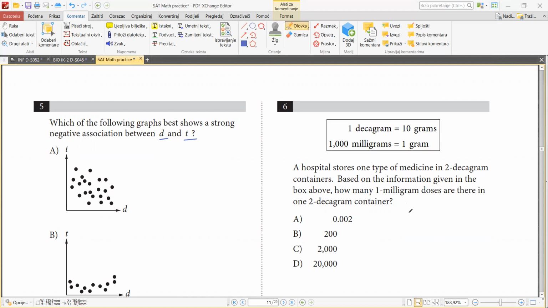Okay, so 1 decagram equals 10 grams. And 1 gram is equal to 1,000 milligrams. So 1 decagram will be equal to 10,000 milligrams.